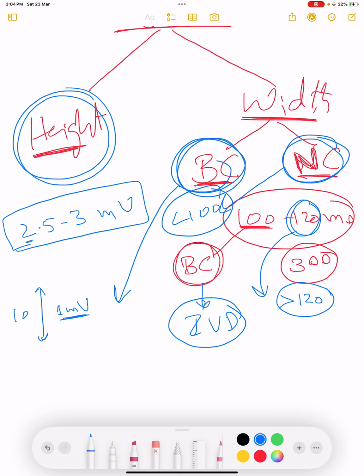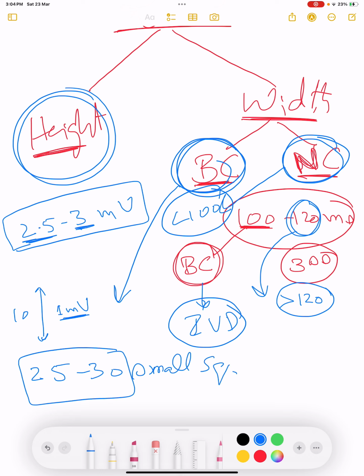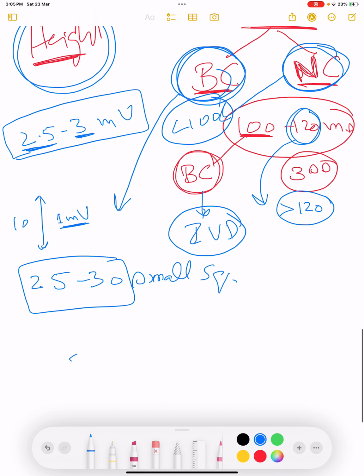So 2.5 to 3 millivolt is equal to 25 to 30 small squares. This is the normal height of QRS complex. Any height more than 30 small squares, like 35 small squares, will be too high, and this shows too much voltage and some abnormality in the ECG.